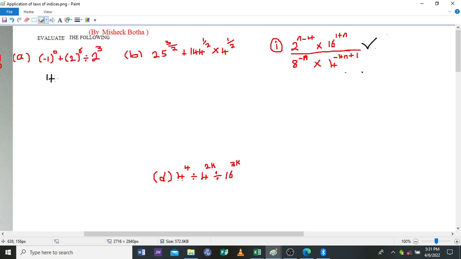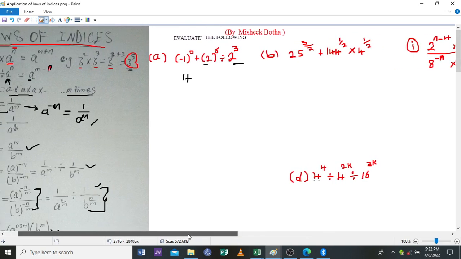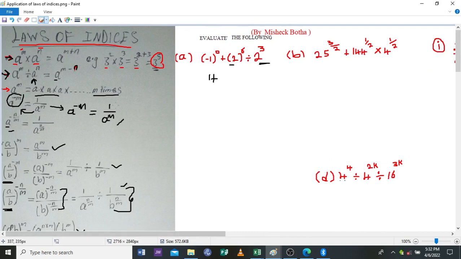Now 2 to the power 6, what are we getting? We look at 2 to the power 6 and see that this part and this part have equal bases. Now look, what do we do in division? If bases are equal and we are dividing two numbers written in index form, you subtract the powers.